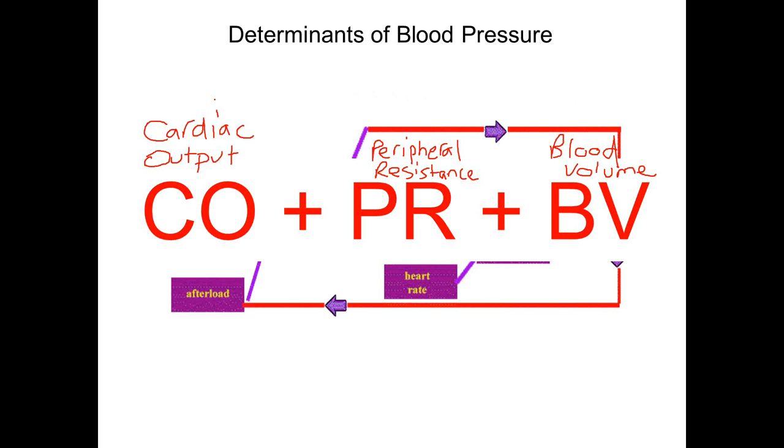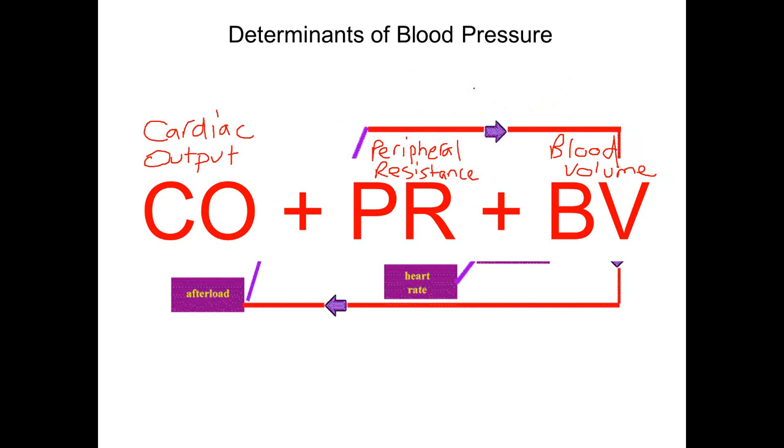If any of these change, then you can change blood pressure. So an increased cardiac output will increase blood pressure, increased peripheral resistance will increase blood pressure, and increased blood volume will increase blood pressure. Decreased cardiac output can decrease blood pressure. Decreased peripheral resistance can decrease blood pressure, and decreased blood volume.